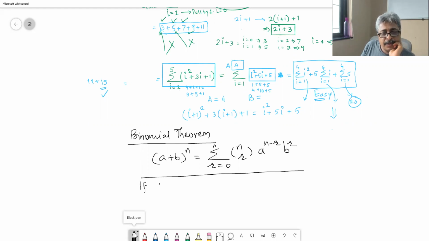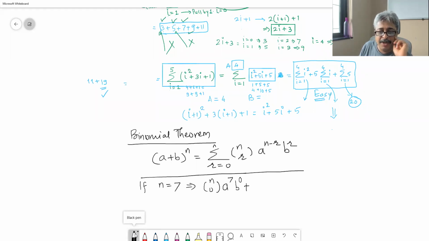If n is equal to 7, then we had written sigma notation, r goes from 0 to n, n choose r. Therefore, n choose 0, a raised to n minus r. n is equal to 7, r is equal to 0, a raised to 7, b raised to r, b raised to 0.